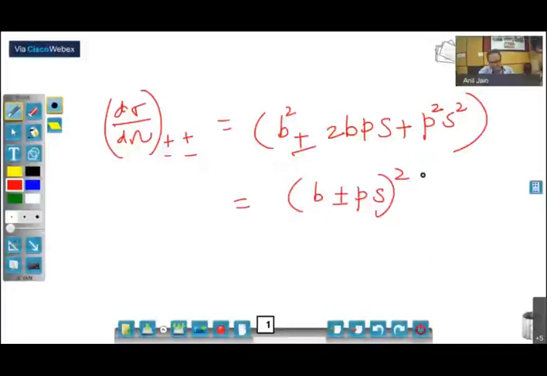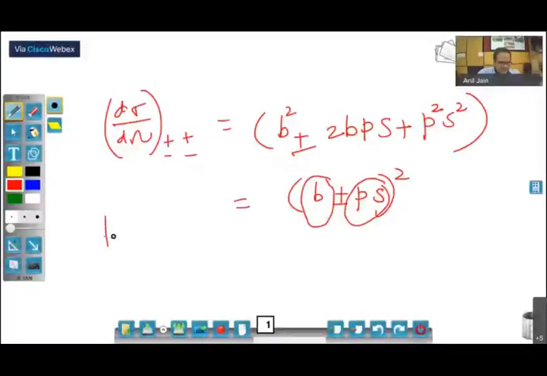Suppose now I have some special crystal for which the coherent neutron nuclear scattering length b is equal to ps, the magnetic scattering length.